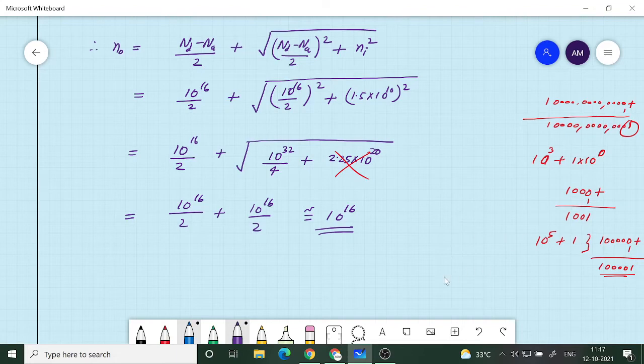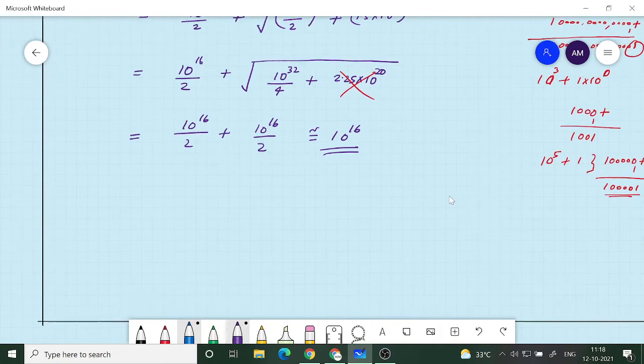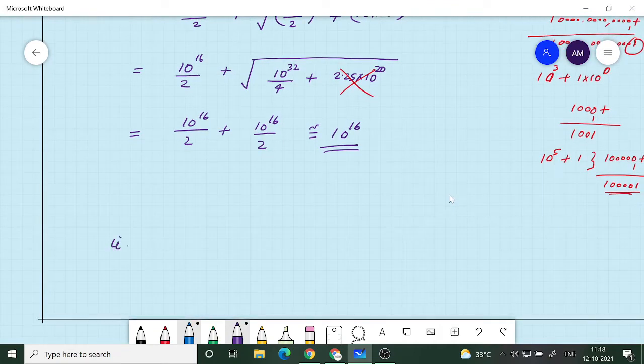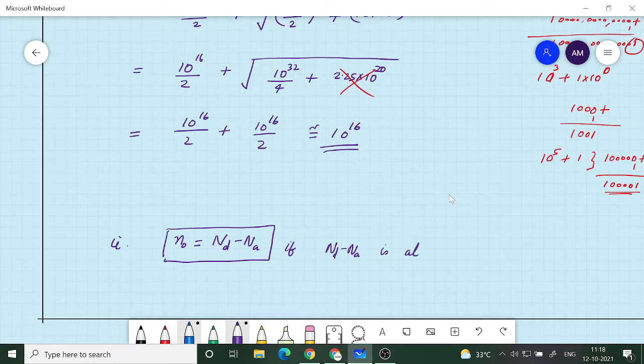That is the insight from this problem: N0 is equal to Nd minus Na if Nd minus Na is at least 2 orders of magnitude larger than Ni.